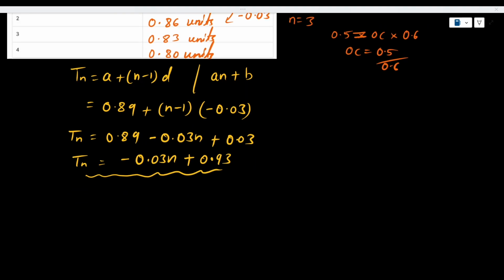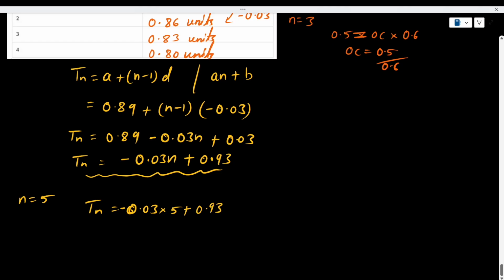For n equals 5, how will you verify? You can substitute n equals 5 here, then tn will be minus 0.03 times 5 plus 0.92, right?